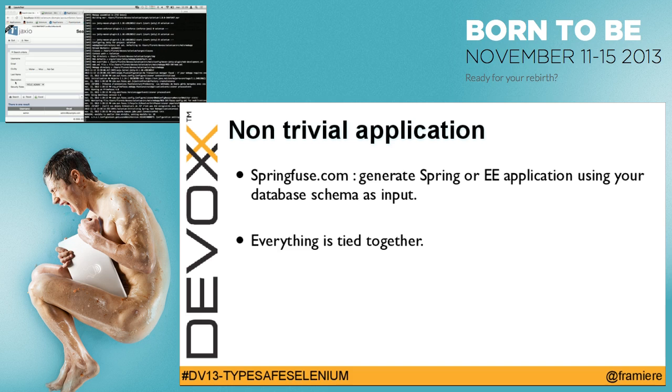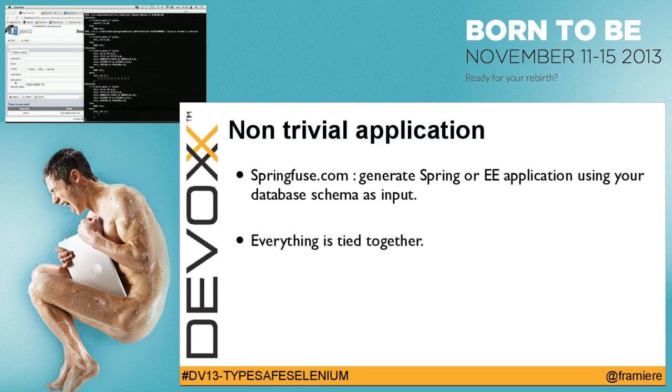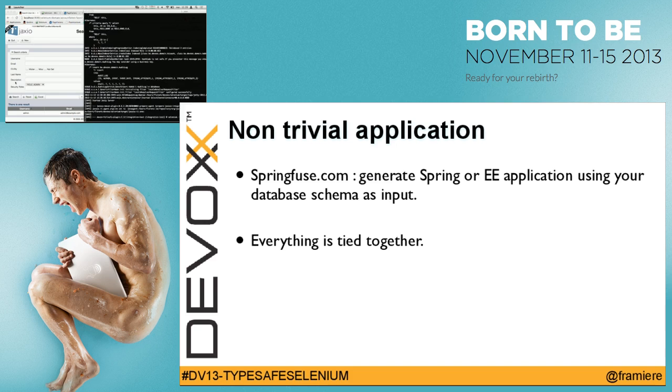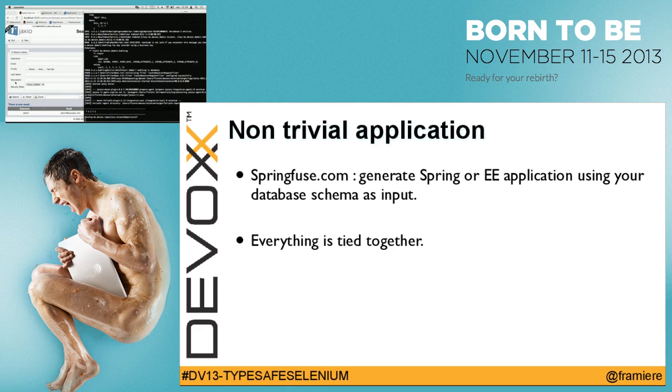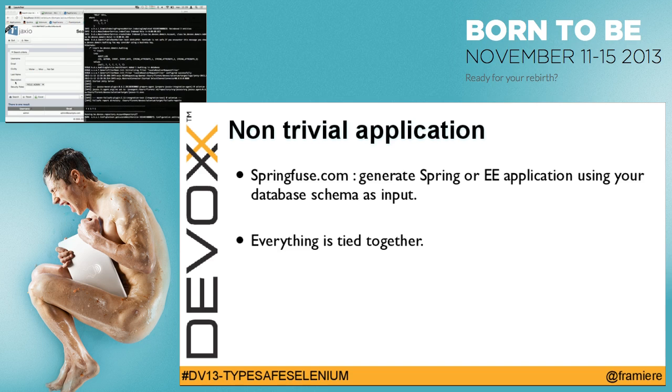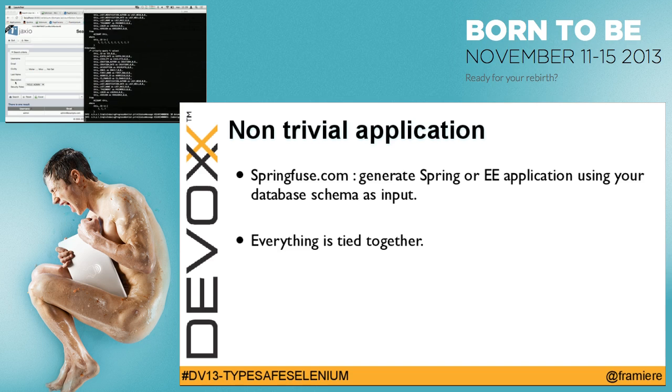Now it runs the Jetty container, and then it will run the integration tests. This is all the JPA tests. There will be some Hibernate Search tests. And now Selenium. I'm going to check for errors.